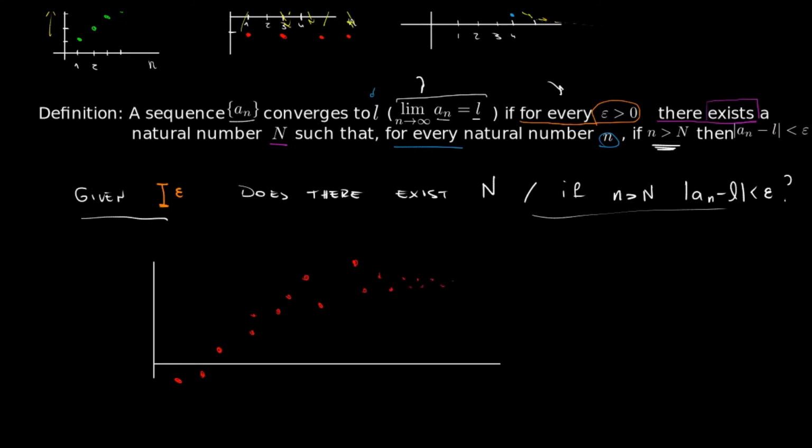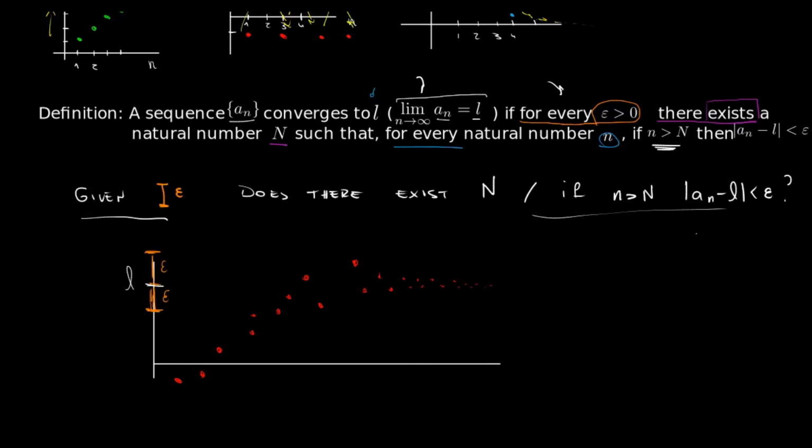And it gets closer and closer to this point here, which is going to be the thing we believe is the limit L. So what we do is we grab this distance epsilon and place it here. This is epsilon, and here again epsilon. Why is it we do this?